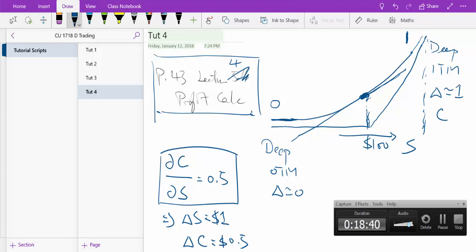As the share price changes, it's rising in steepness, but here the rise is very, very slow, okay? And over here at the other extreme, it's already basically 45 degrees, and it doesn't have a lot more work to do. So at both extremes, the delta doesn't change very much.